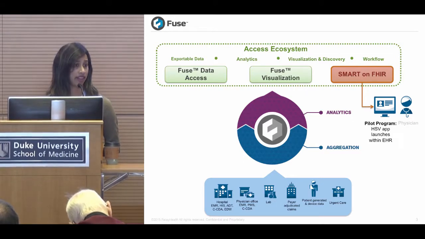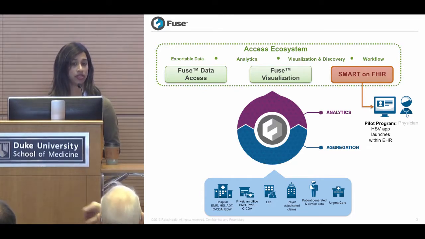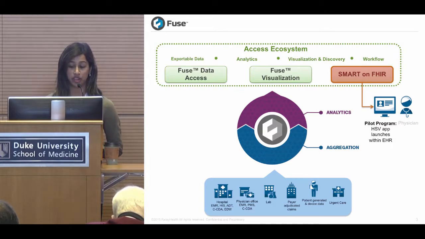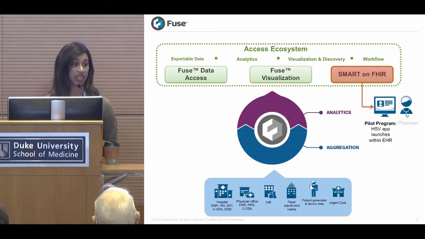And so what we have here is, regardless of where that data is coming from, bringing that into our Fuse data platform. So we've invested heavily in the last few years to aggregate across data types, financial data types such as claims, 837s, and clinical data types. And as we bring in these over 250 different vendor connections we support today, we need a scalable cloud platform that supports aggregation of data.